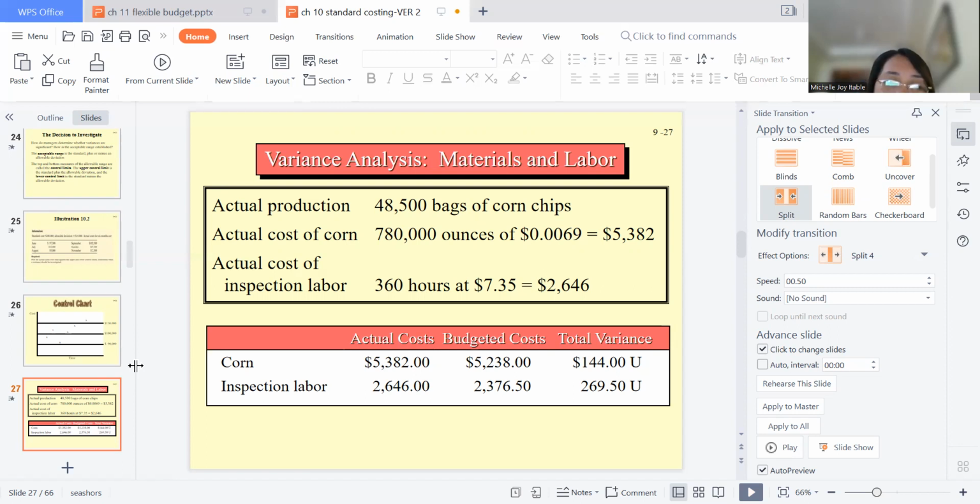Actual cost of inspection labor, 360 hours at $7.35 equals $2,646, and we have here the actual cost and budgeted cost for the corn and the inspection labor. So tingnan natin, no? Mamaya pag tumingin tayo sa standard cost sheet, yung inspection labor.